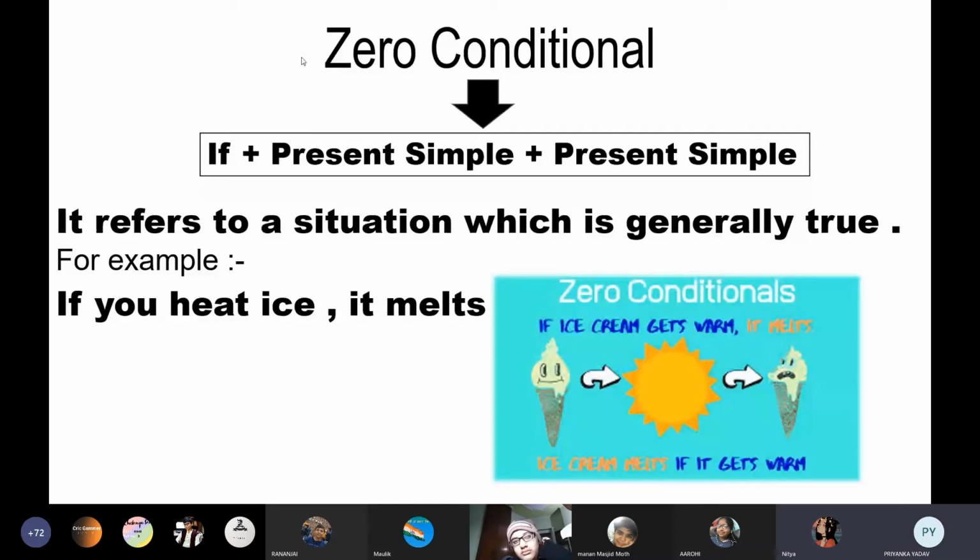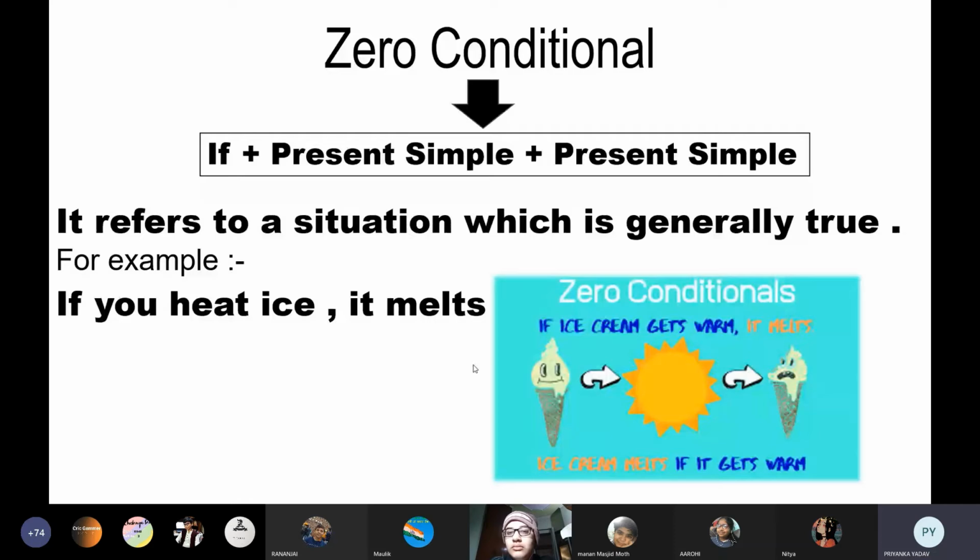Absolutely. Let me add one more point. Just remember, we use zero conditional to talk about scientific facts and general truth, like things which we cannot change and things which always remain the same, right?